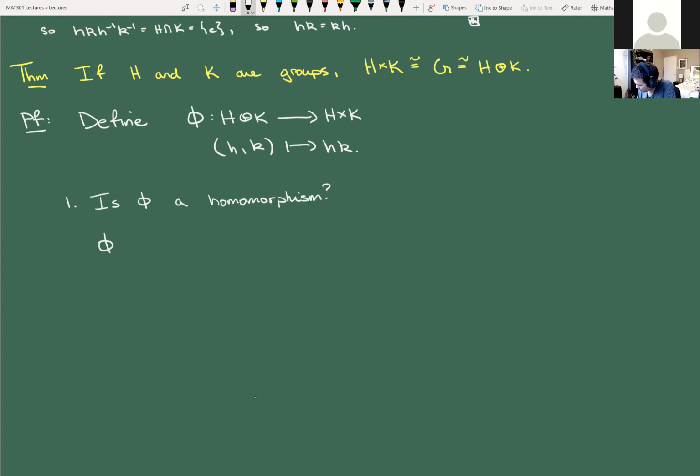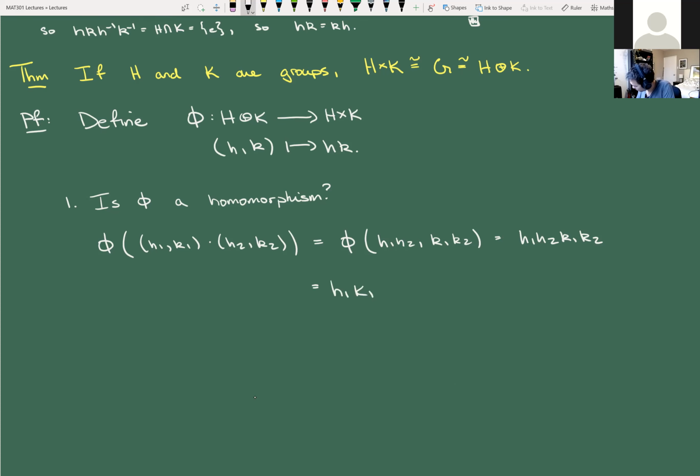Okay, so let's compute phi of h1 k1 times h2 k2. We know that's going to be phi of h1 h2 k1 k2, since we just multiply everything together, being consistent with my k's, k1 k2. Now I know that the H's and K's all commute with each other, so I can just switch h2 and k1.